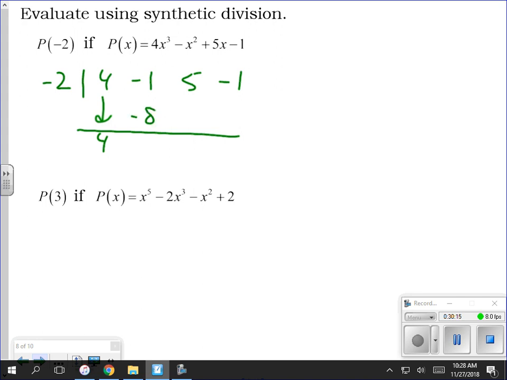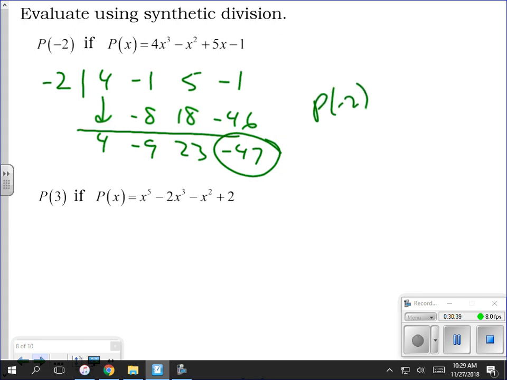-2 times 4, -8, add, I get -9. -2 times -9 is 18, add, I get 23. -2 times 23 is -46. Add them together, I get -47. That's my answer.